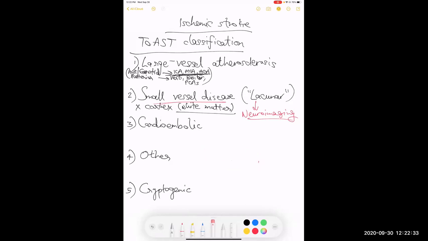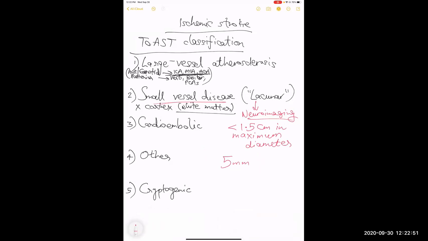And in that case, small vessel disease or lacunar strokes are defined by their size, which is usually less than 1.5 centimeter in maximum diameter. Usually the MRIs that we do here and at most institutes, each slice is about 5 millimeter thick. So the small vessel or lacunar infarct that you see on the MRI should not be more than 3 slices, as long as each slice is 5 millimeter.